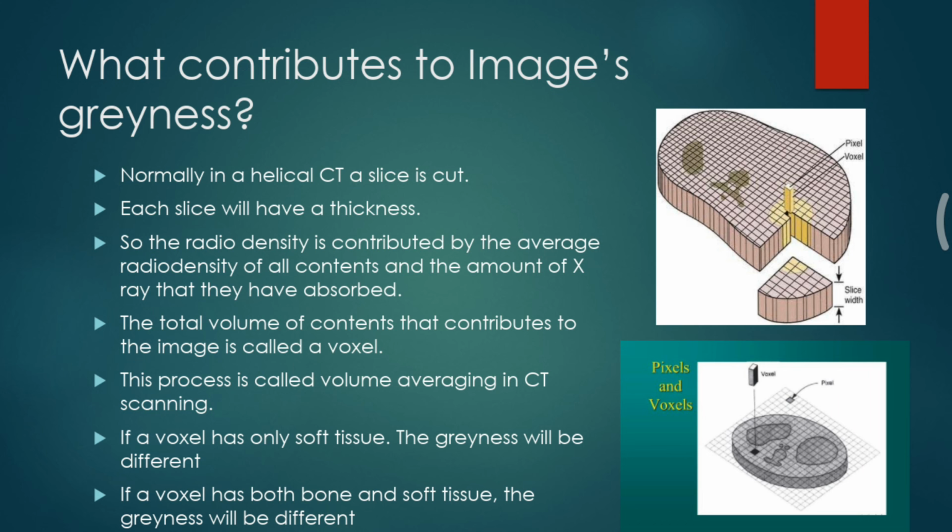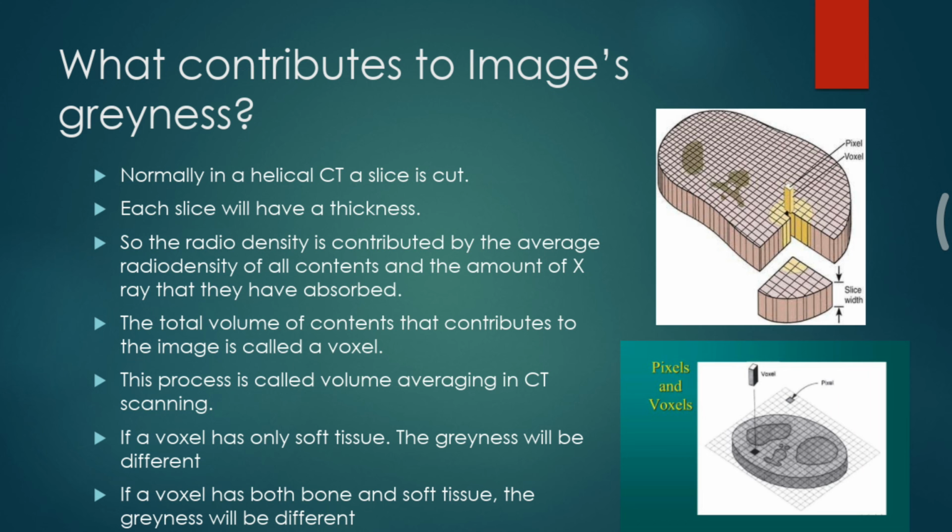What happens over here is that the grayness is contributed by the average grayness of all the structures which are there in that particular voxel. The total volume of contents that contributes to the image is called a voxel, and this process of collecting the average radio density from multiple structures within a voxel is called volume averaging.